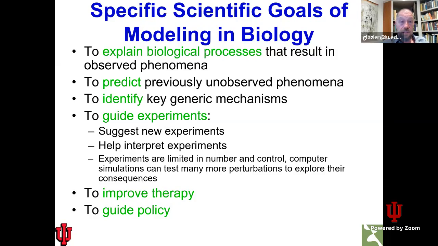And that allows you to do things like try to optimize therapies. And in the case of COVID, for better or worse, COVID modeling has become very tied up with policy, political decisions, economic decisions, regulatory decisions. And so we're probably not going to go into the weeds on policy.